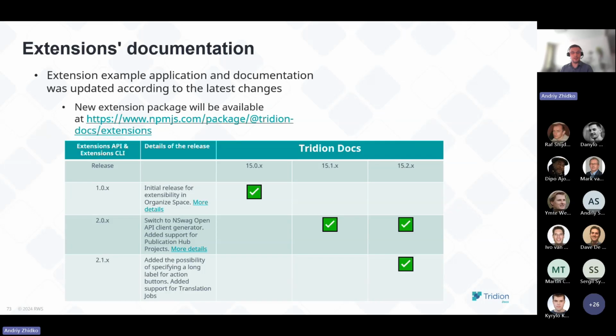As part of the Tridion Docs 15.2 release, we will also release a new extension documentation package that will be available on npmjs under Tridion Docs. You can see the overview table of releases of extension documentation, which versions they correspond to, which Tridion Docs versions they match, and for which versions they are supported.